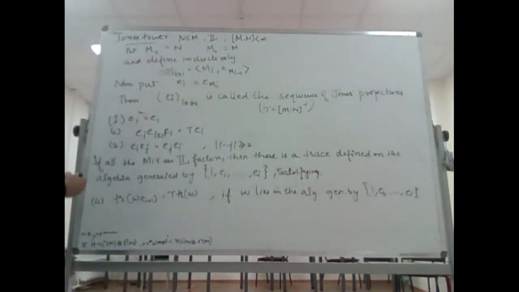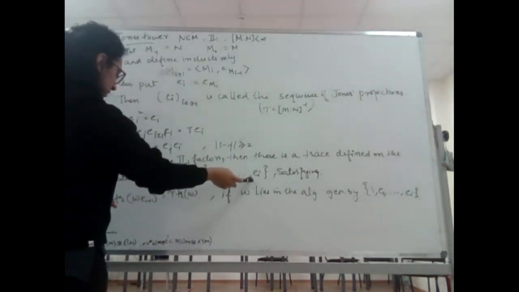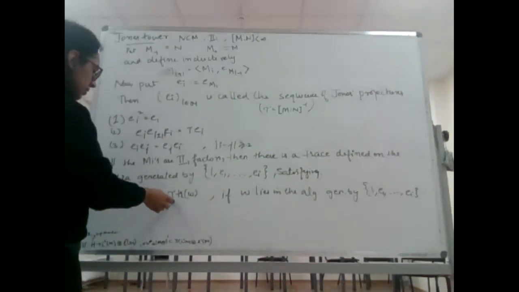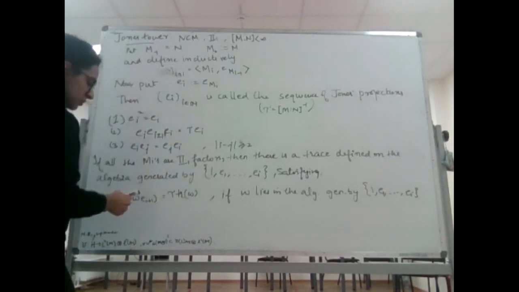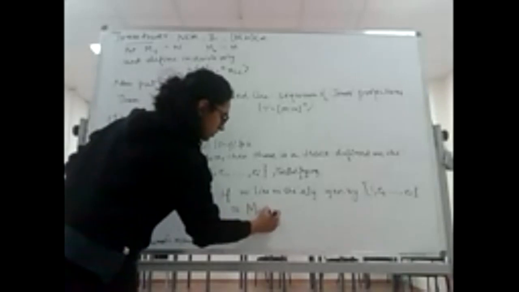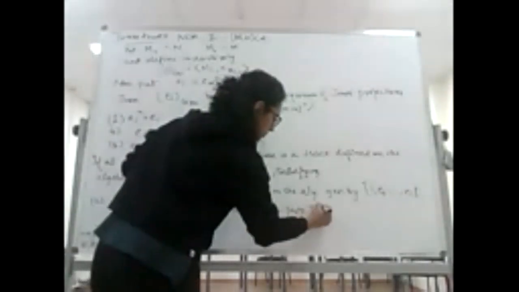And that condition is this, which means that if you have an element which lies in the algebra generated by this set, then if you add another generator to it, it's nothing but a constant times the trace of itself. And this property is related very closely to Markov property 2. We shall go on to that next.